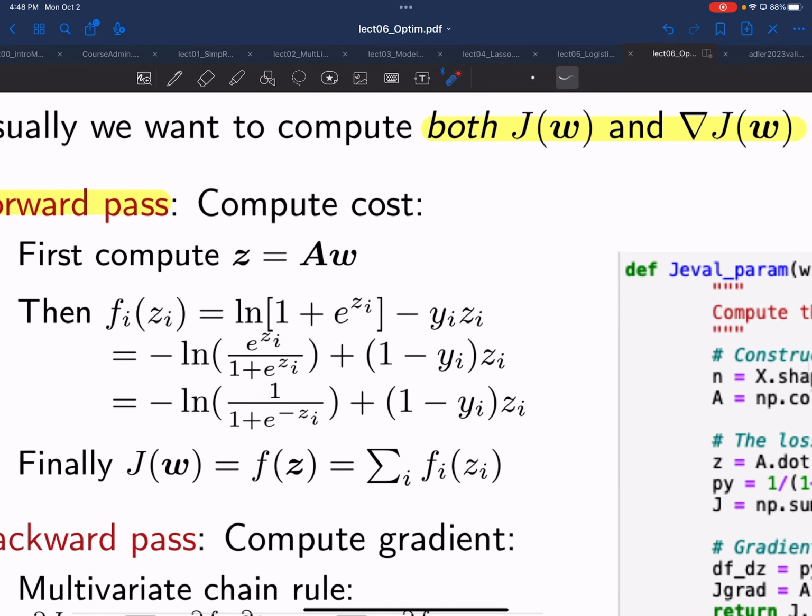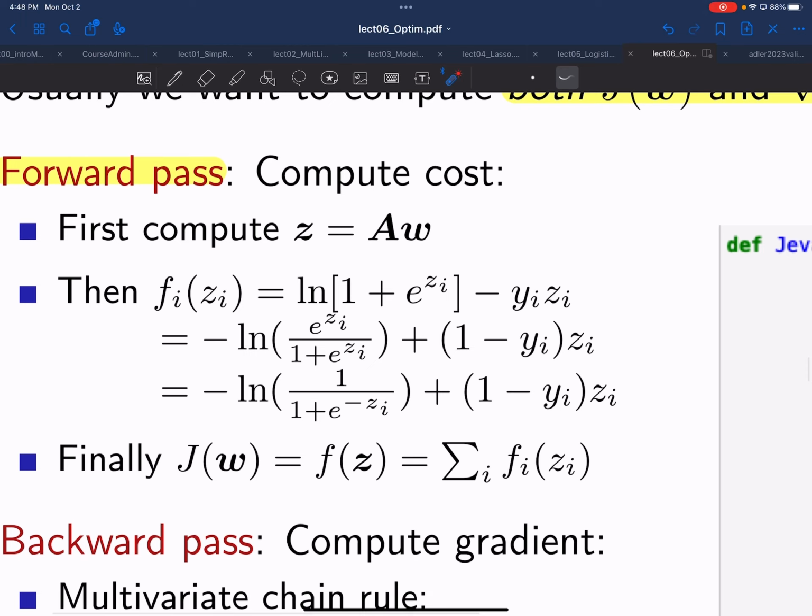So I'm going to do something a little tricky here. I'm going to write this as this. Let me explain what's going on. So when you look at this part here, it is the same as this, right? Because when you put a negative in front of a log, that's like inverting its argument.